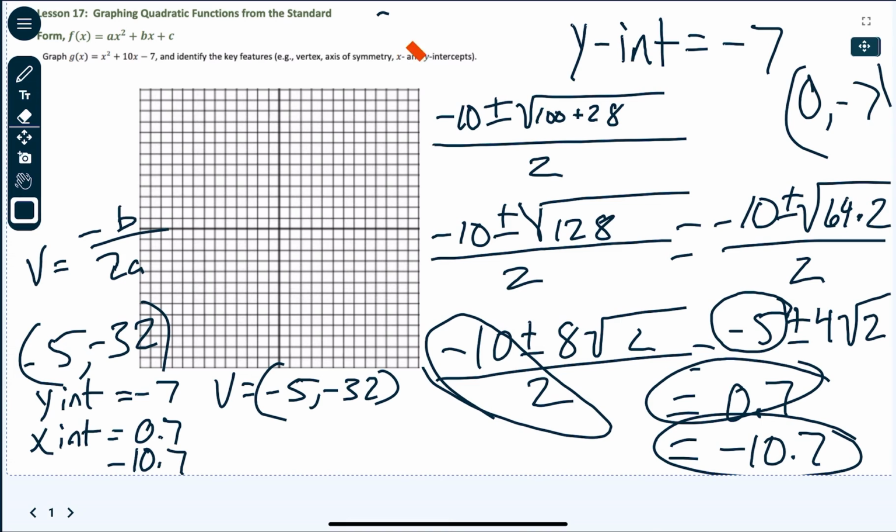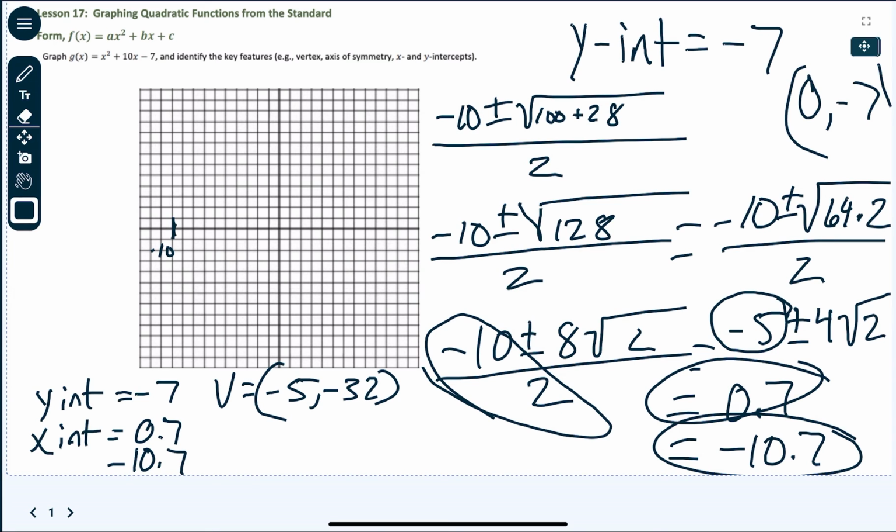I'm about to erase some of this just to make it cleaner. All right, now then, let's graph this. Oh boy. 1, 2, 3, 4, 5, 6, 7, 8, 9, 10. So this is -10 right here.